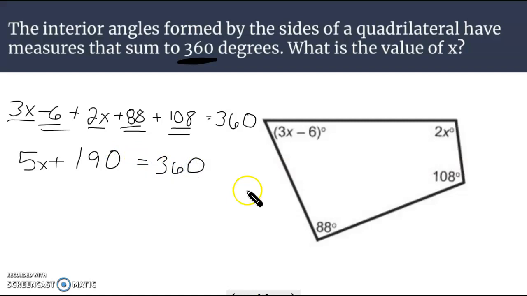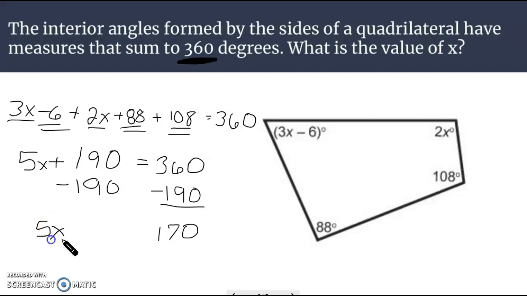And now we're going about solving this two-step equation to get x by itself. First thing we're going to do is subtract 190 from both sides. And punch in the calculator. With 360 minus 190, we get 170.